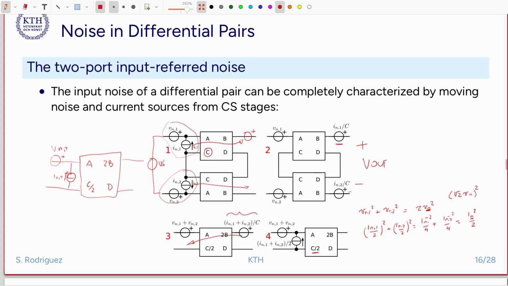That is very useful when we do our scripts for noise calculations. Okay, so this is what we can say about the input noise in differential pairs.